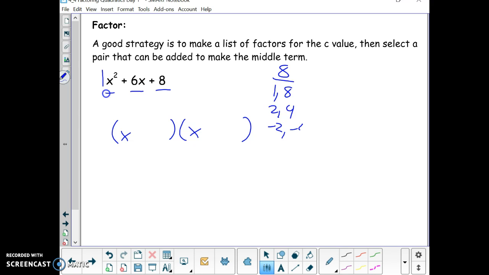Technically, -2 and -4 works also, even though there are no real negatives in here. But out of those that multiply to 8, we need to find a pair that adds to the middle term of 6. In this case, it's 2 and 4. That completes our 2 factors. If we're really unsure, you could FOIL this back out, and you'd see we get what we started with. So these 2 things are equal. We took the trinomial and broke it into 2 little binomial factors.